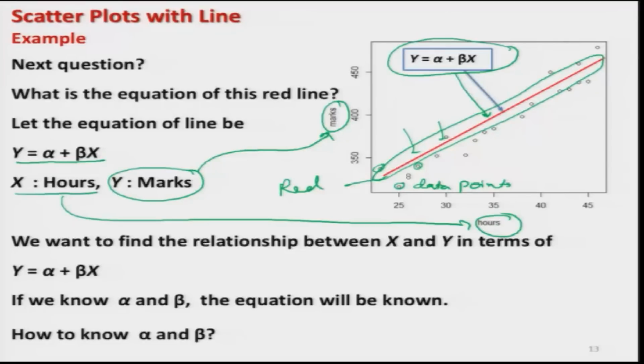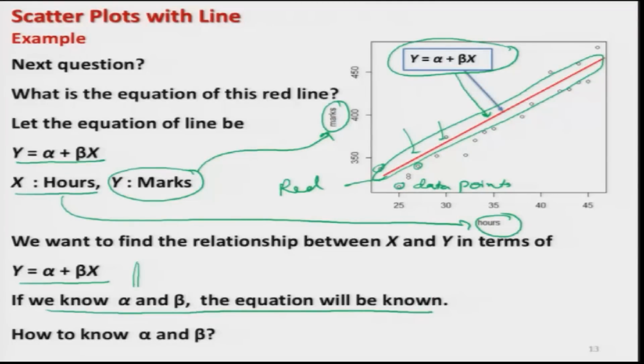And now my objective is very simple. I want to find out the relationship between x and y in terms of y equal to alpha plus beta x. And now you also understand, and we have already discussed, that this line is known to us only when the parameters alpha and beta are known to us. So, I can say if we know alpha and beta, then the entire equation will be known to us.